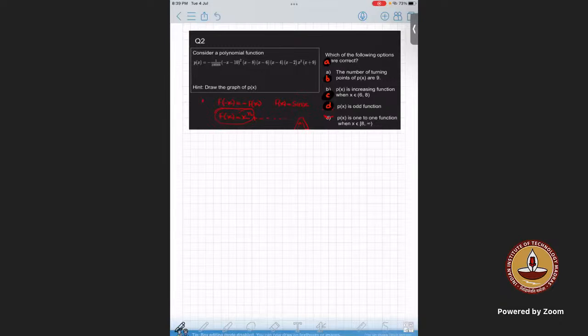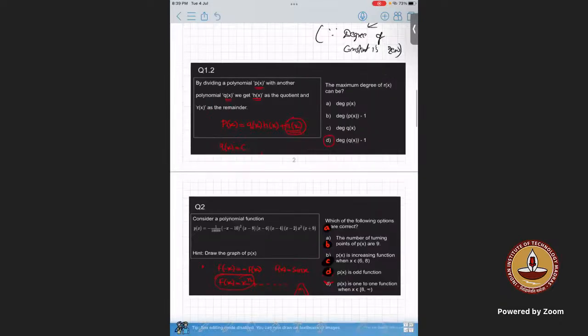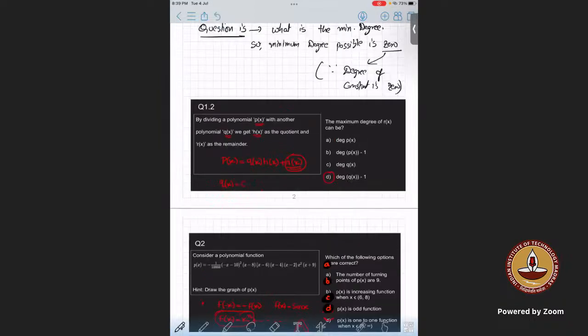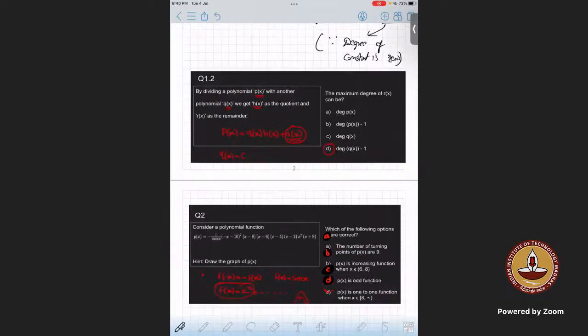The next question is the maximum degree of the remainder. Can anyone answer this? What is the maximum degree of the remainder? Just think twice. Actually, the answer is there.